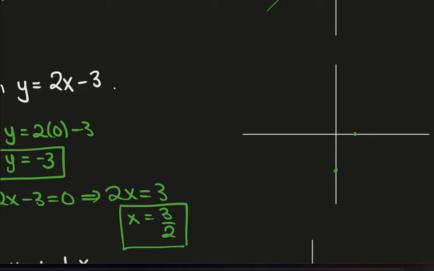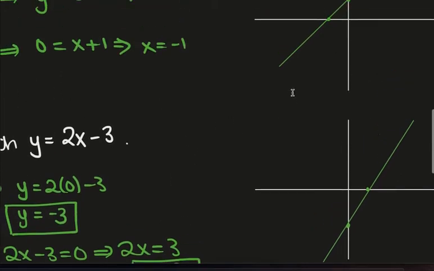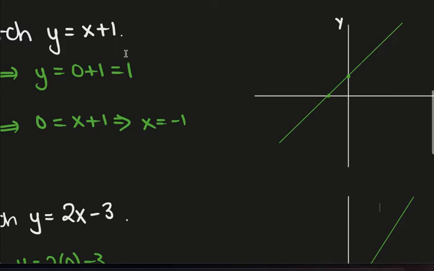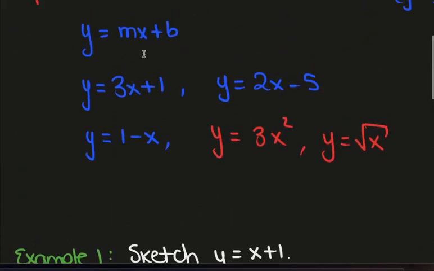And now we can simply draw the line. So it'll look maybe something like this. Notice that this line is steeper than this one. This is because the gradient, so this m term in the form mx plus b, this is what we call the gradient.